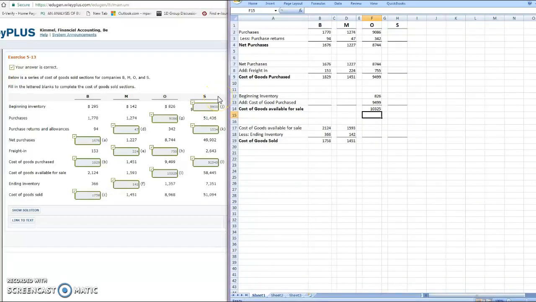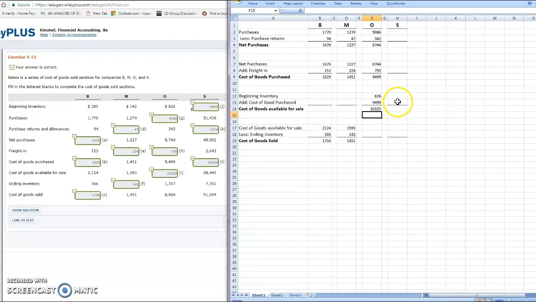So for Company S, this one was a little bit tricky. I first started by trying to find the beginning inventory first. In order to find the beginning inventory, we use this cost of goods available for sale formula, but we do not have the cost of goods purchased.